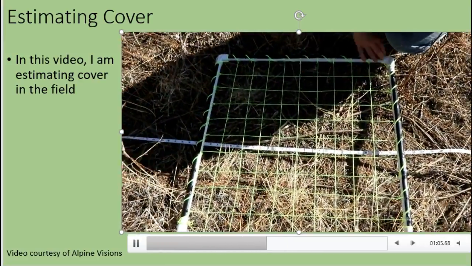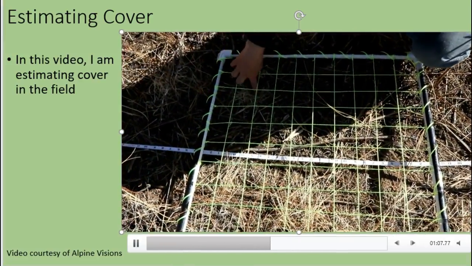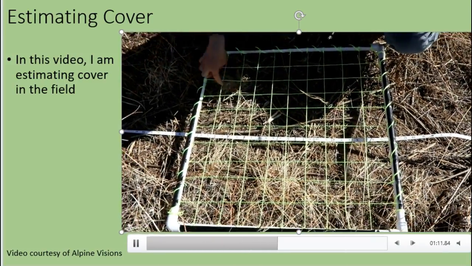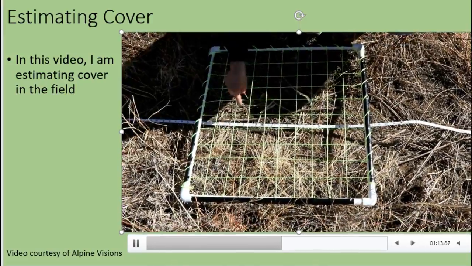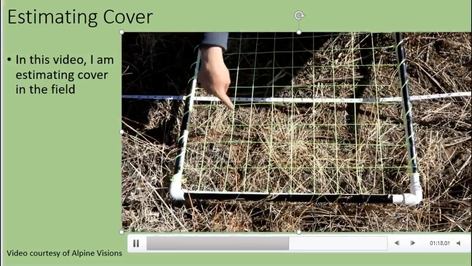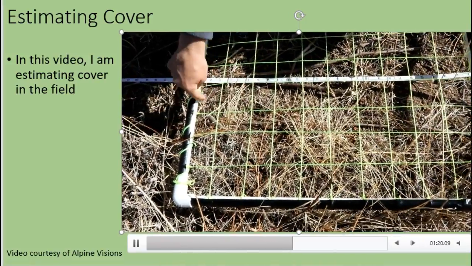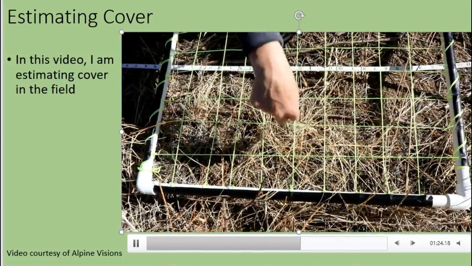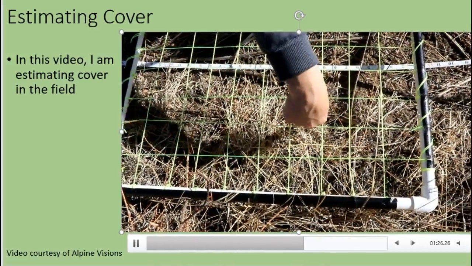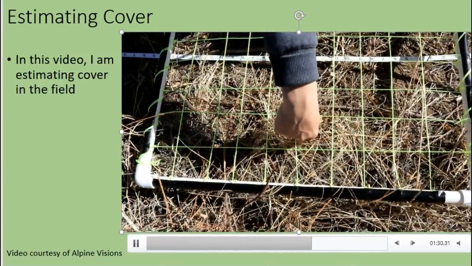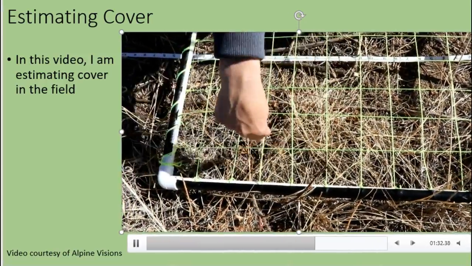The thing to notice here is how I'm using my hands and I am really following the squares. And everywhere I think I see a plant, I'm going to press down. And if I'm not sure, I'm going to wiggle my fingers around a bit. If you have a partner, you can be yelling out, yes, no, and that partner can be recording these measurements. Alternatively, you can measure them separately and then average your results.